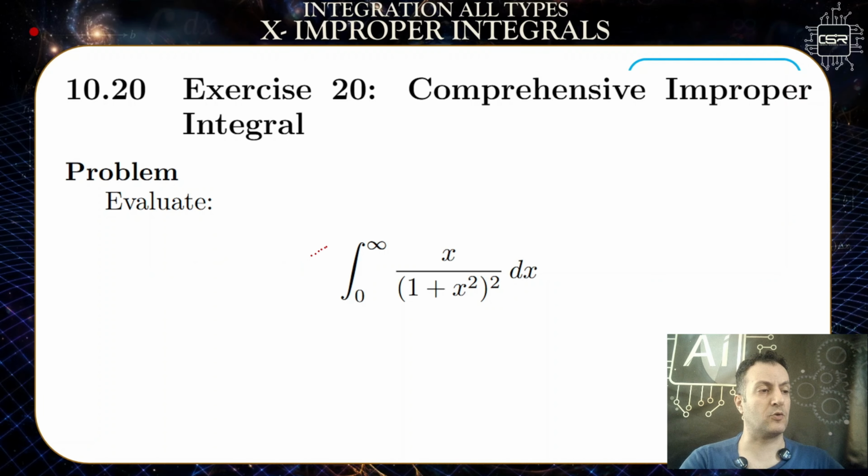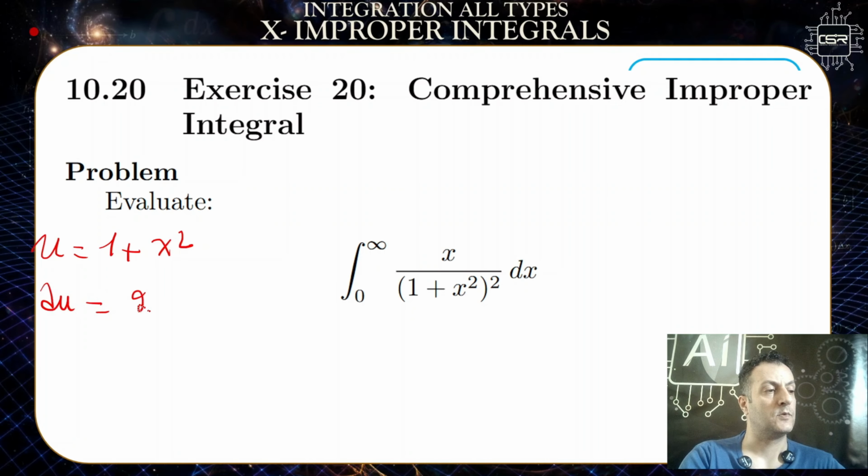Evaluate the integral from 0 to infinity of x divided by (1 + x^2)^2 dx. Okay, here we can use the u substitution. So let's say u is equal to 1 + x^2. du is then equal to 2x dx. Hence, x dx is equal to du divided by 2.